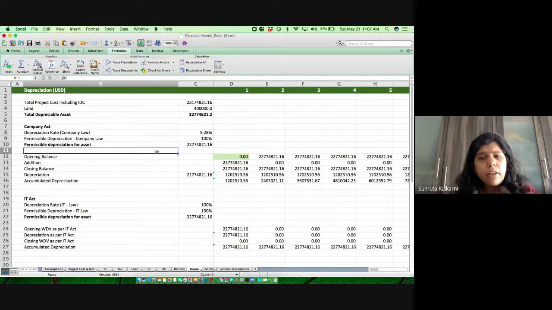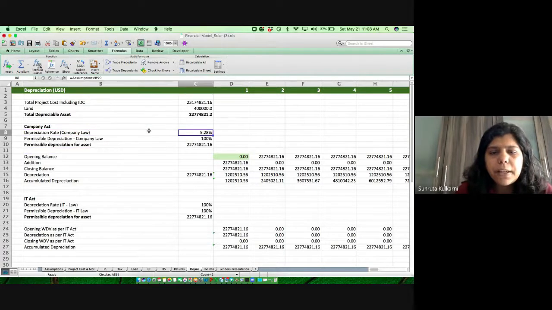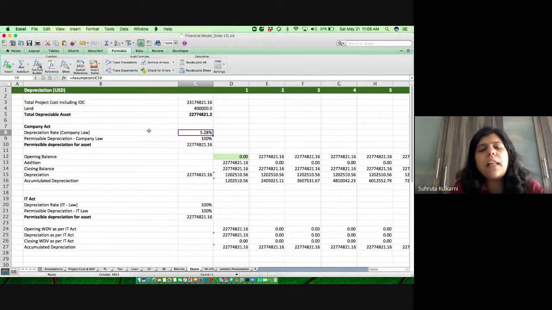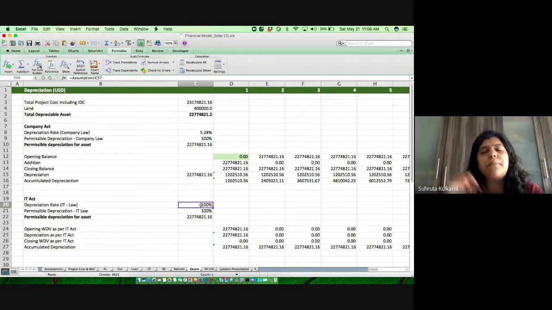Now, where do the complications arise from? The complications arise because of the depreciation percentages. If you look at this, as per the Indian Company Act, the depreciation allowed is 5.28%. But because I am an infrastructure company, income tax, which wants to promote infrastructure building activities in the country, says that you can avail 100% depreciation.